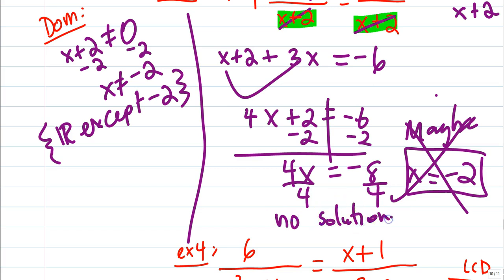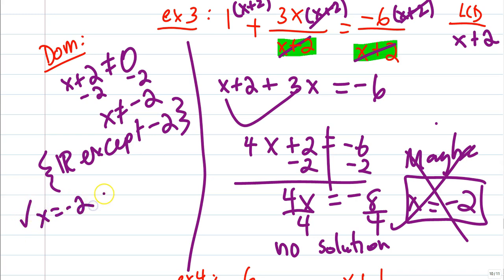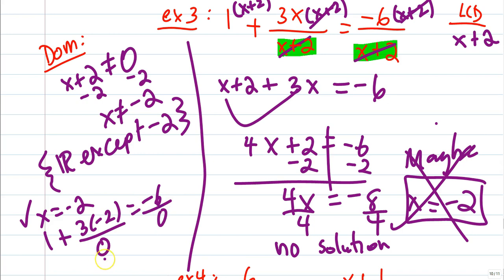See, what's the issue? Why is that -2 an issue? Well, if I plug it in, I end up with, let's see. Let me check. 1 plus 3 times -2 over -2 plus 2 is 0 is equal to -6 divided by 0. 1 plus what the heck is equal to what the heck.